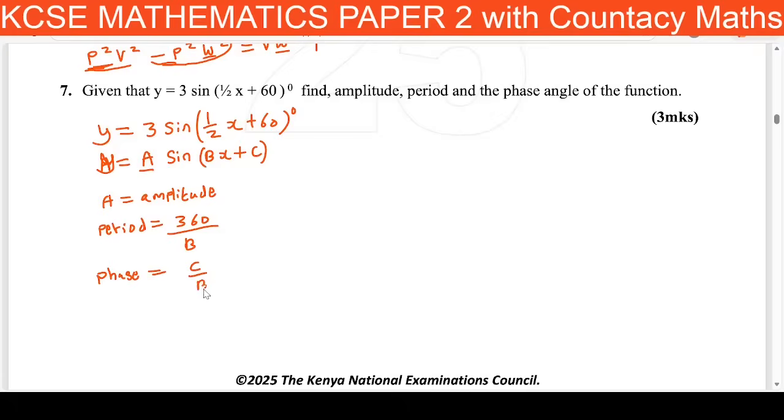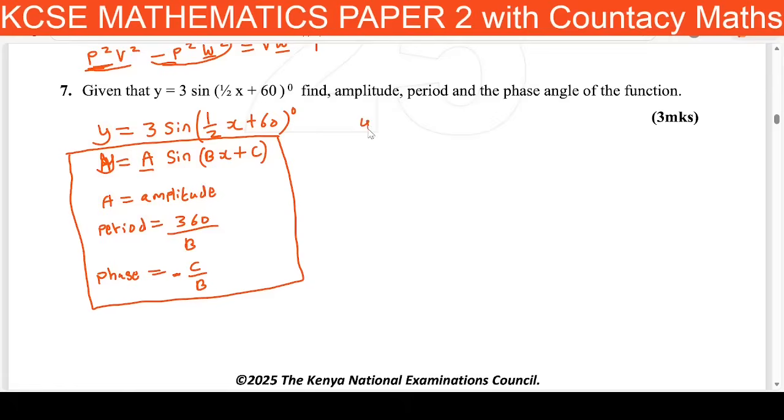So you divide by b, but you remember to put a negative sign here. Therefore, you change the sign that is there. If you master this, then you should always be able to get any question that is asking about amplitude, period, and phase angle. So when you meet such a question, you'll not start shaking or sweating, because you already have a formula that will always work out for you.